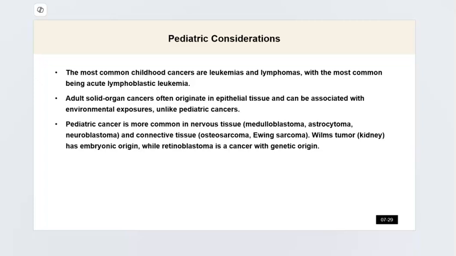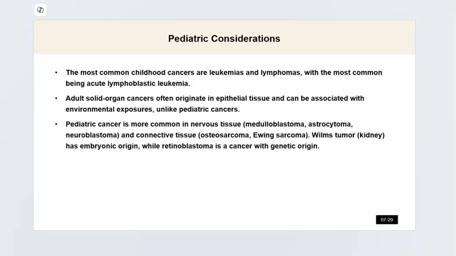Very rarely does pediatric cancer come because of an environmental exposure. Pediatric cancer is also more common in the nervous tissue and the connective tissue. There's some other unique ones like Wilms tumor or retinoblastoma. And those are pretty straightforward to read in your book.